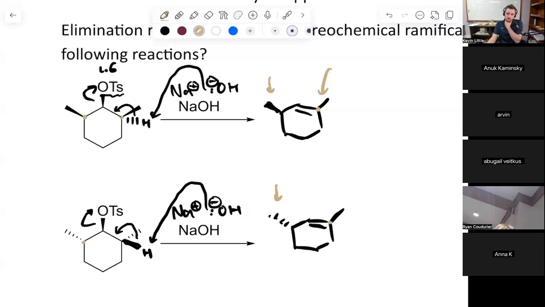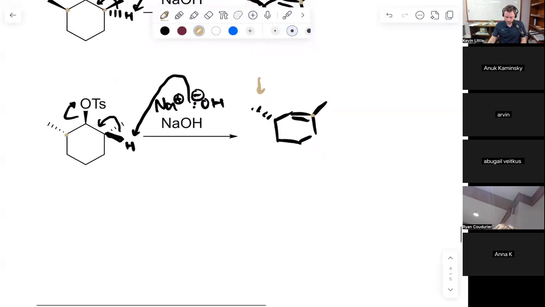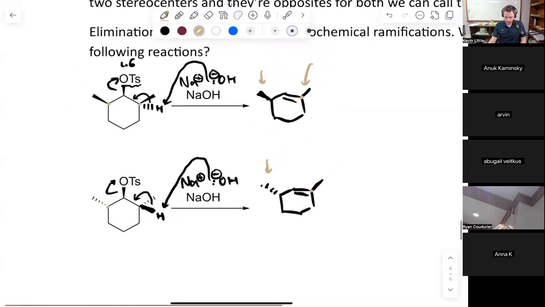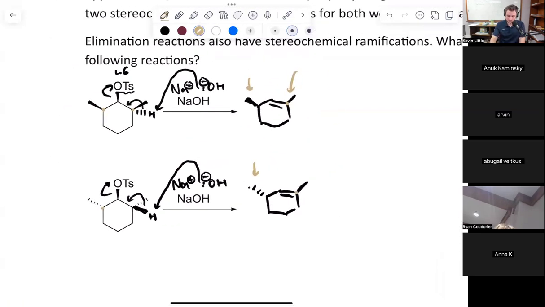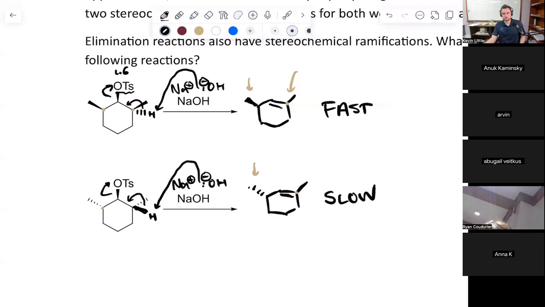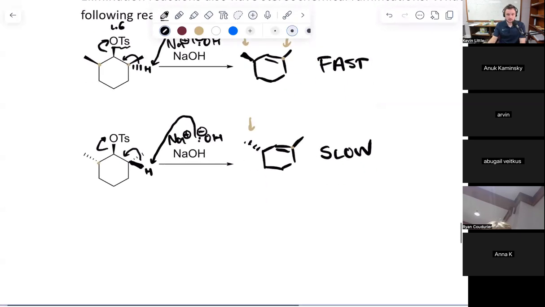It went from tetrahedral to flat. So it turns out this top reaction is fast and this bottom reaction is slow. Notice in this top reaction, the hydrogen's on a dash and the leaving group's on a wedge. The bottom, they're both on wedges.